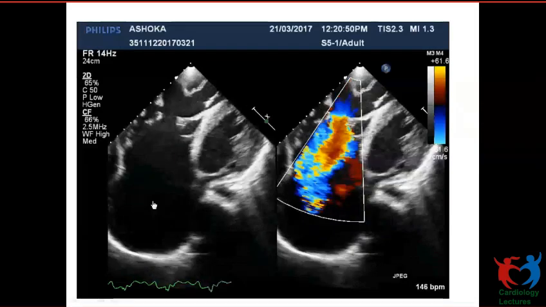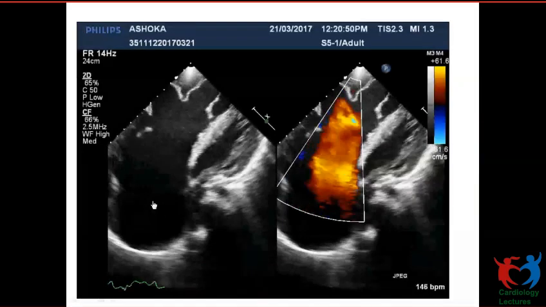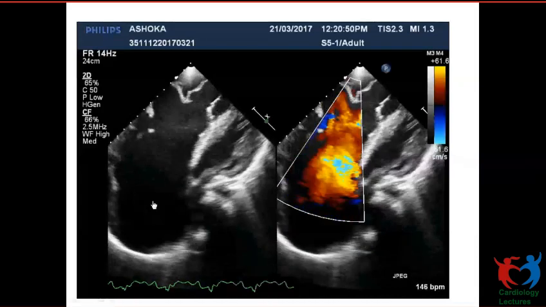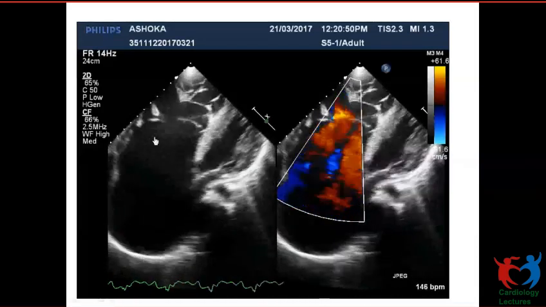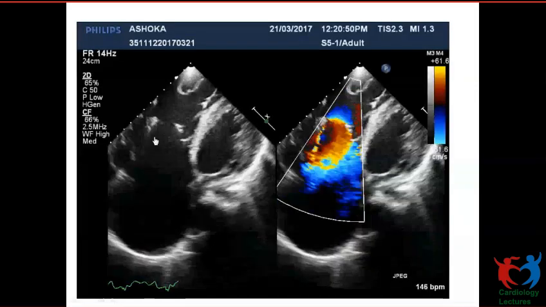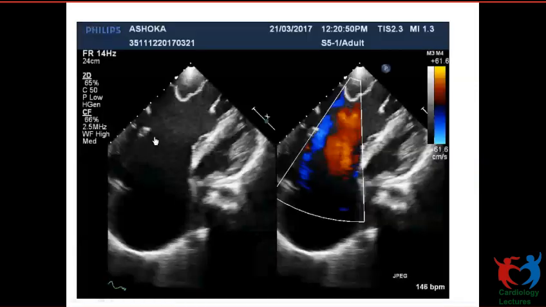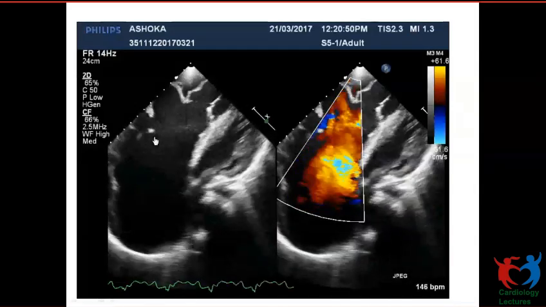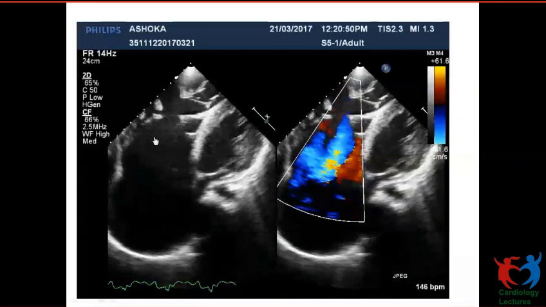What is the embryology of Ebstein's anomaly? Failure of delamination. So what is the current surgery for this? Cone repair. They do delamination.